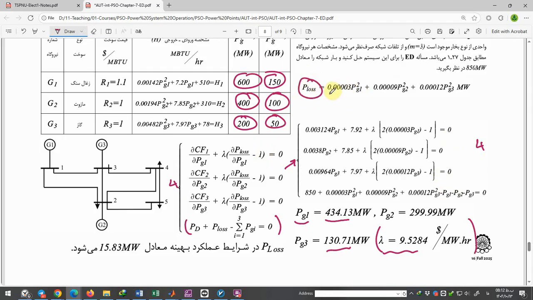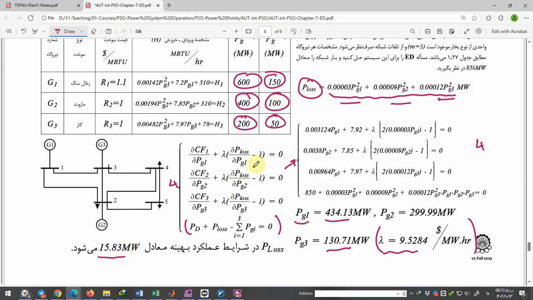P loss is given by these equations, and you should substitute PG1 to PG3 in them to find P loss. The P loss is 15.83 megawatts.